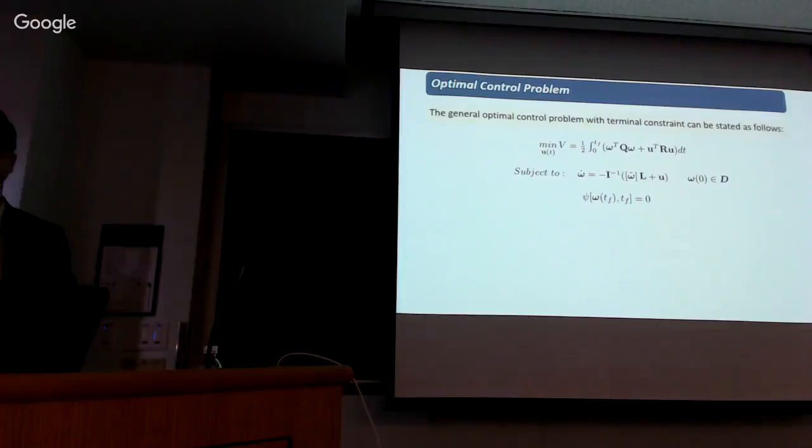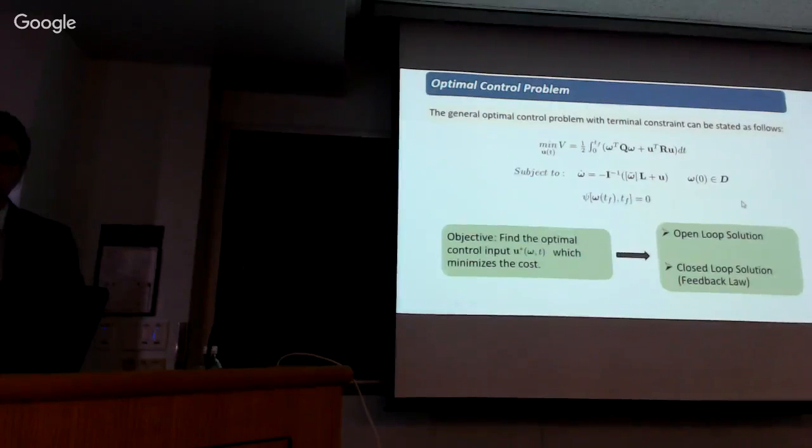The first constraint is our equation of motion, and we will make this problem more complicated by adding the terminal constraint. You can see the psi is a terminal constraint, and in a domain of interest D.